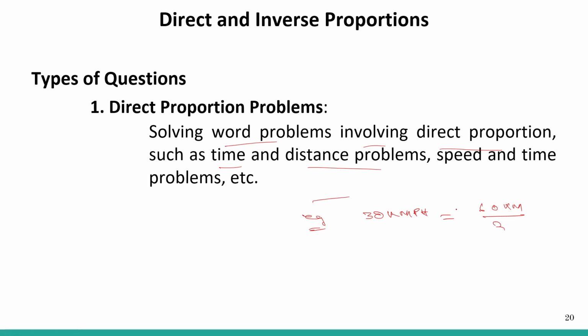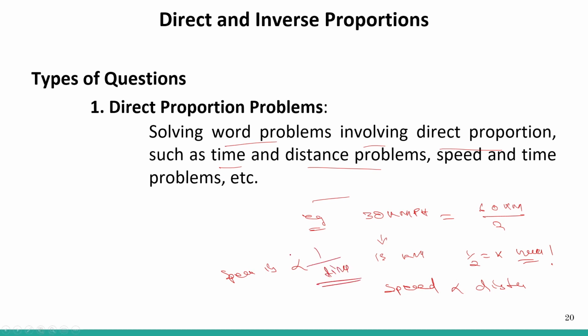It will take 2 hours, right? So if 30 km becomes 15 km, how is speed related to distance? Speed is directly proportional to distance, with a proportionality constant of 1 by 2 here. Speed is directly proportional to distance, and speed is inversely proportional to time.